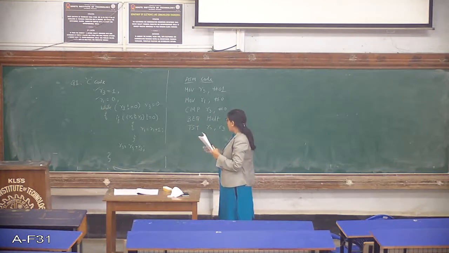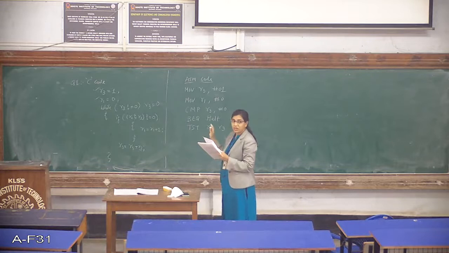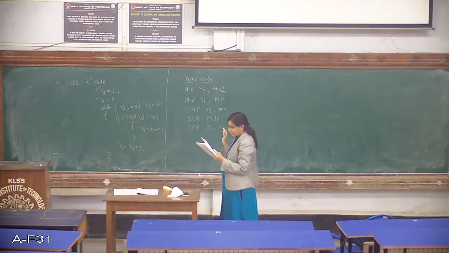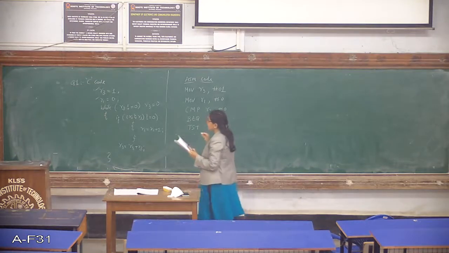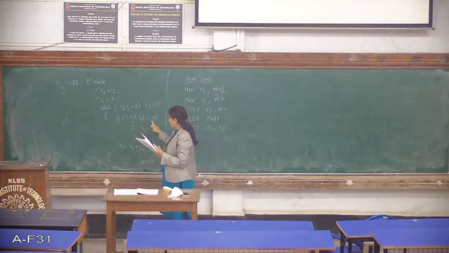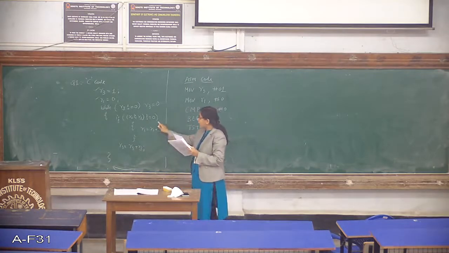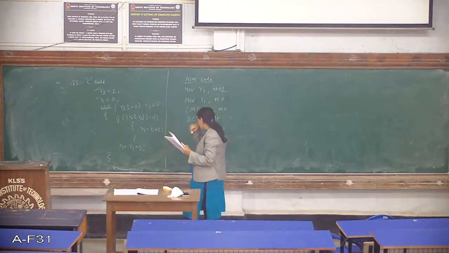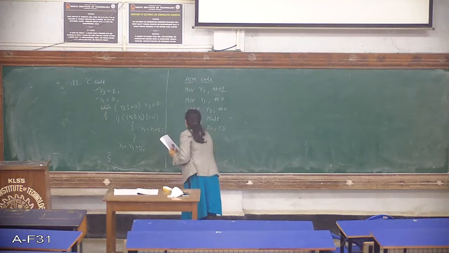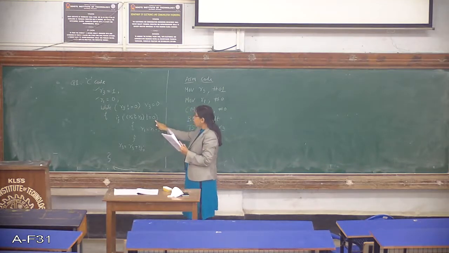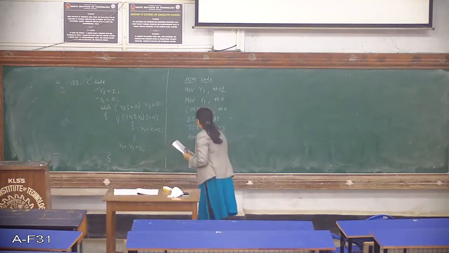Now the AND operation has been performed, and based on that, the particular flags will be affected. Now what is the condition? If this is not equal, you are going to perform R1 equals R1 plus 1, so you are going to do an addition. I'll be using add if not equal, that is ADDNE.